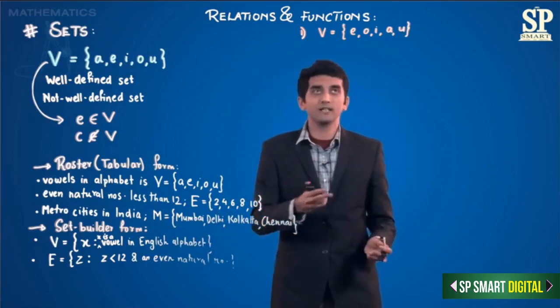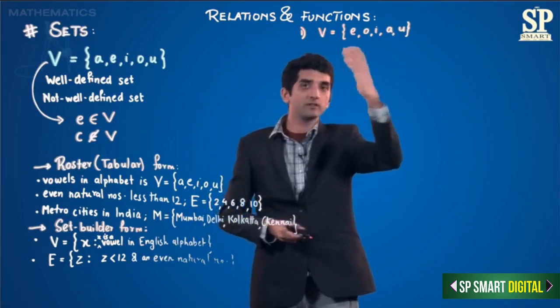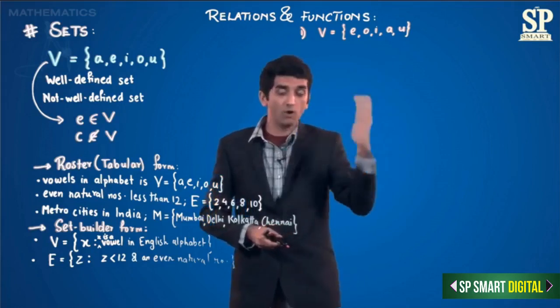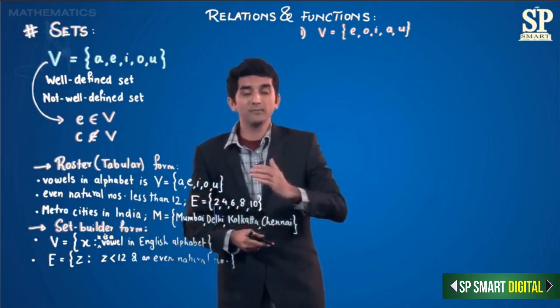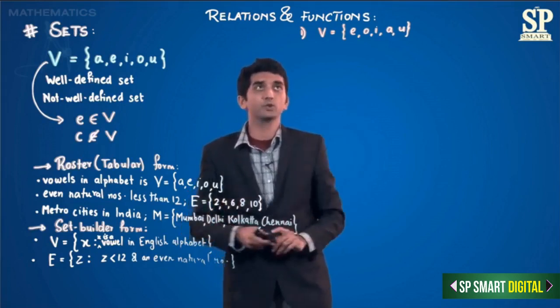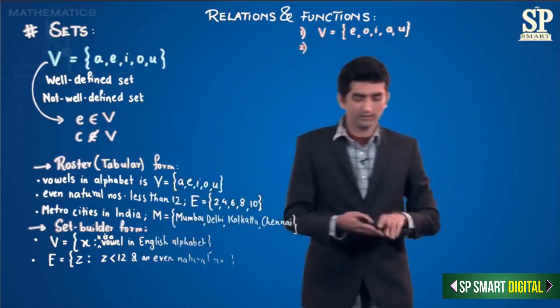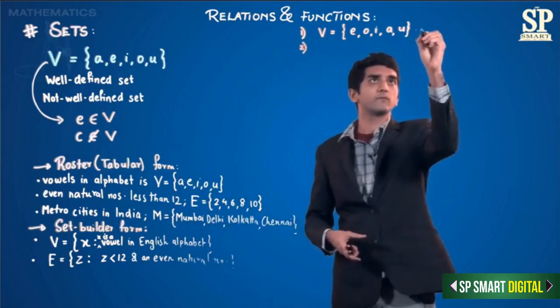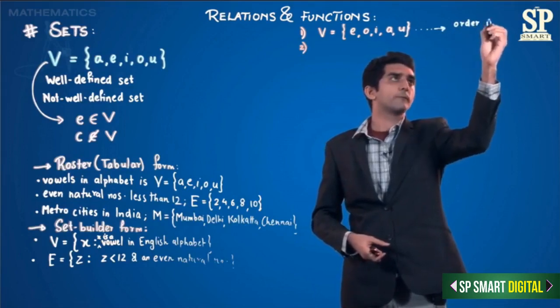It's just that they are flipped in a particular way. So the way in which it is written, the order is immaterial. What is important is the elements. The elements need to be same for the set to be same. The second thing that we need to understand is, here let's just write that thing. Order is immaterial.